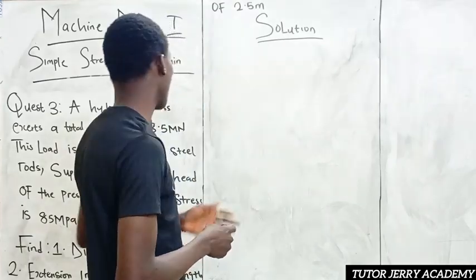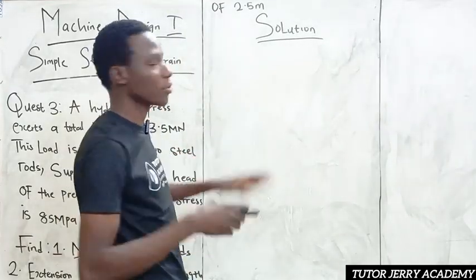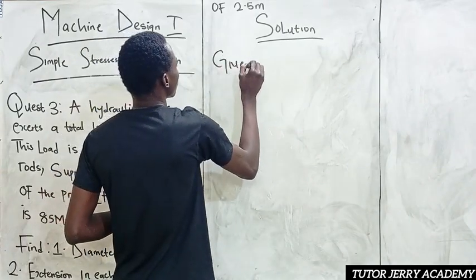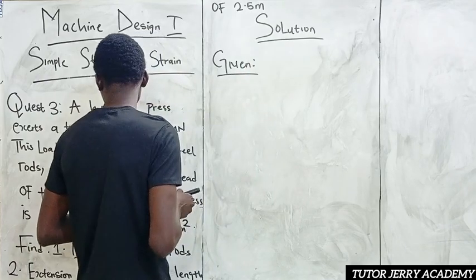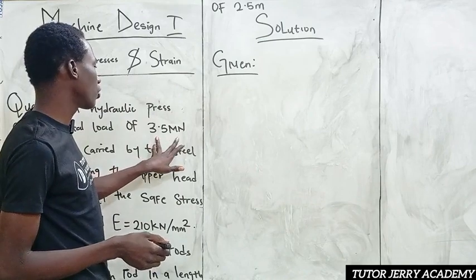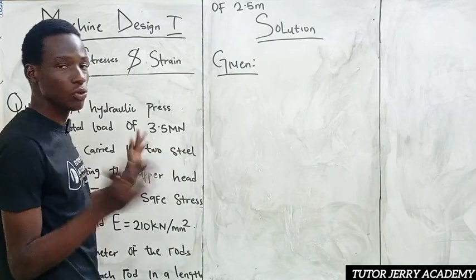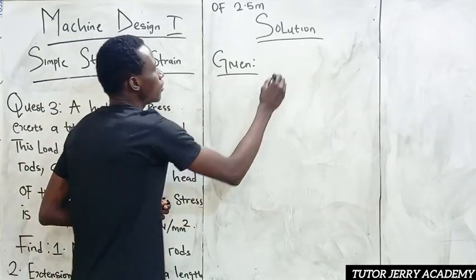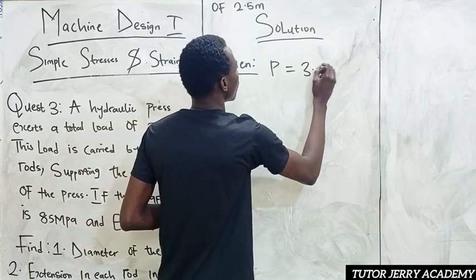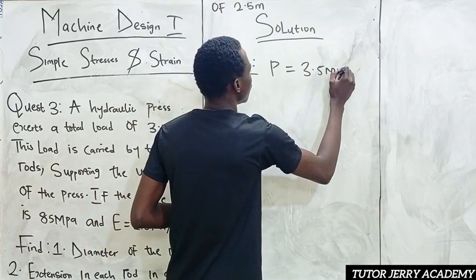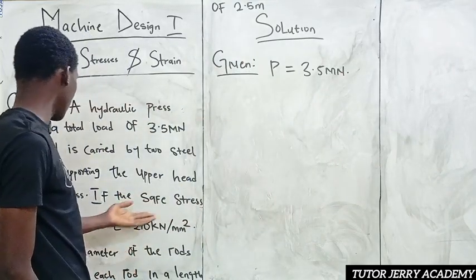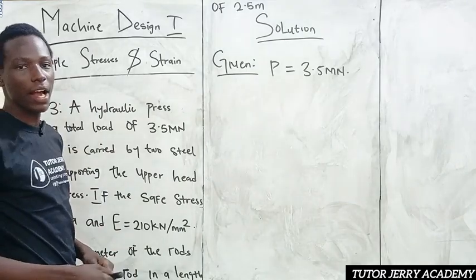So first we are going to be bringing out our data before we solve. Now, what do we have? We have a total load of 3.5 meganewton that is carried by 2 steel rods. So P, which is our load, will be equal to 3.5 meganewton. Next, we have a safe stress of 85 megapascal.